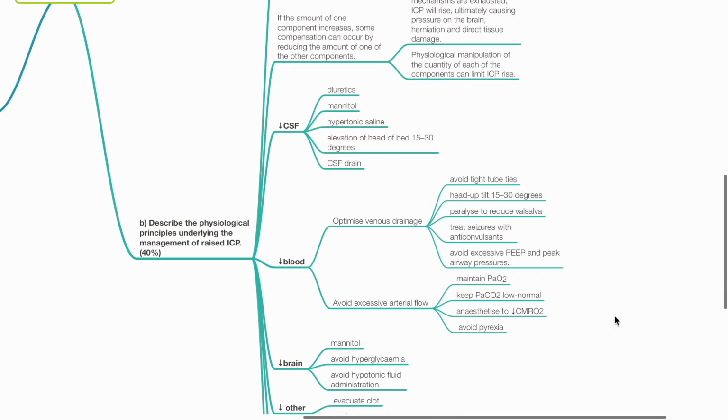Methods to reduce CSF include diuretics, mannitol, hypertonic saline, elevation of the head of bed to 15 to 30 degrees, and CSF drain.